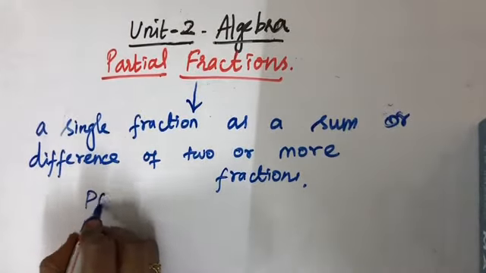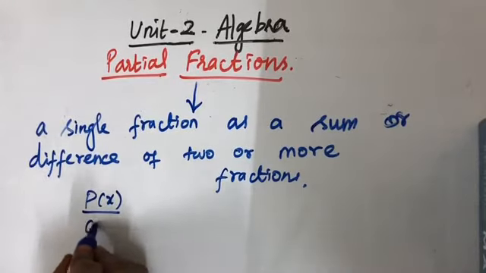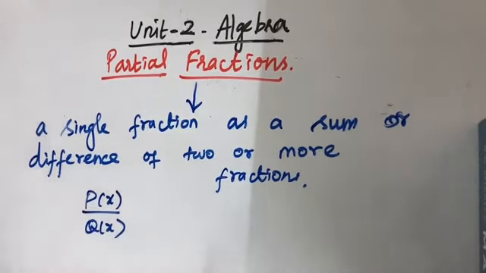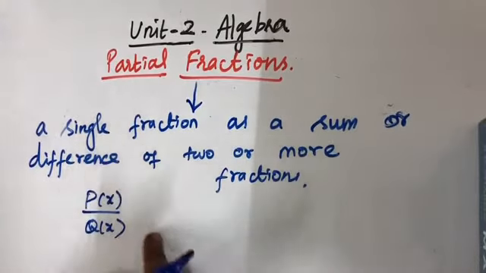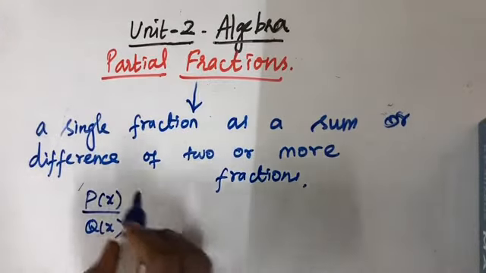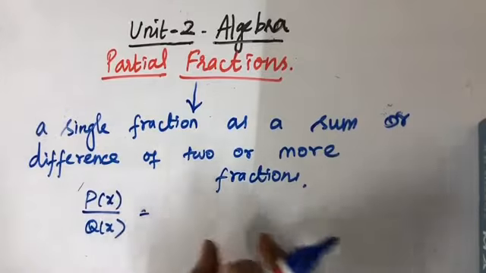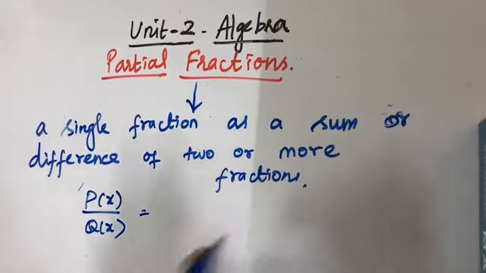P of x and q of x are two algebraic expressions as a fraction. We have to split the one single fraction into two or more fractions. This is called partial fractions.